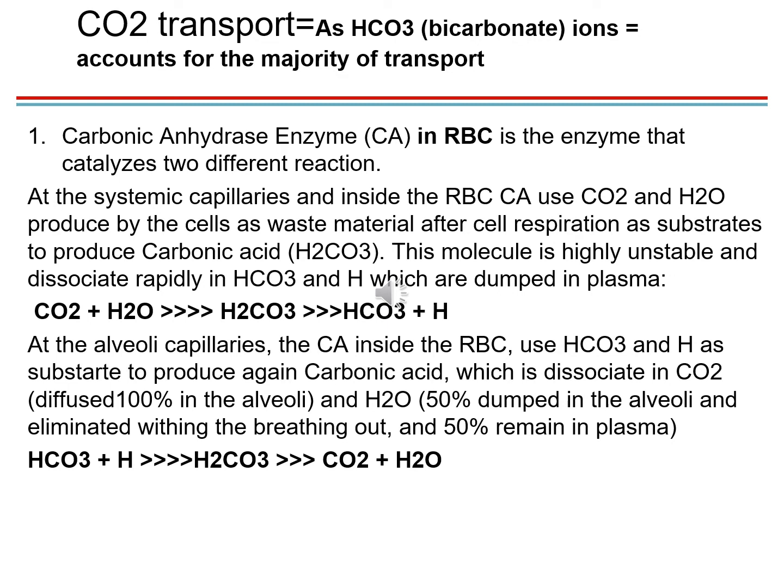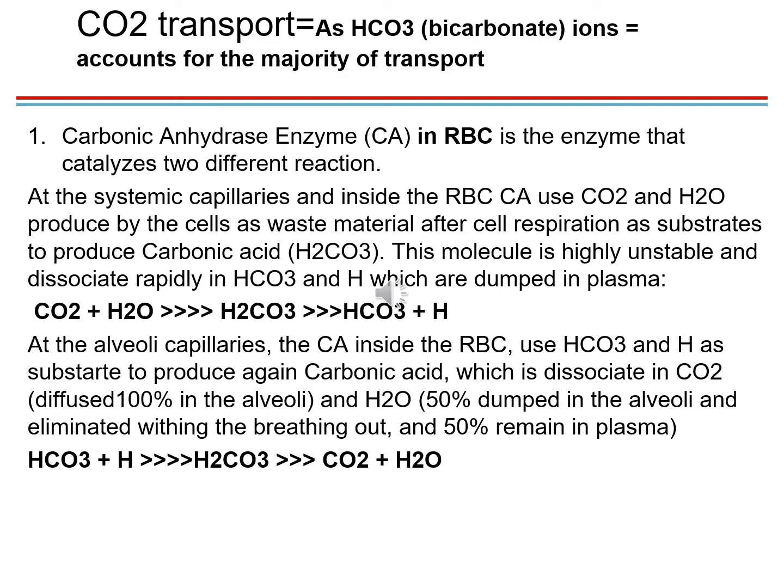The two substrates that it is using are the bicarbonate and hydrogen. And after the carbonic anhydrase enzyme, the new product is again carbonic acid that is rapidly dissociated into two different molecules. One is carbon dioxide and the other one is water.